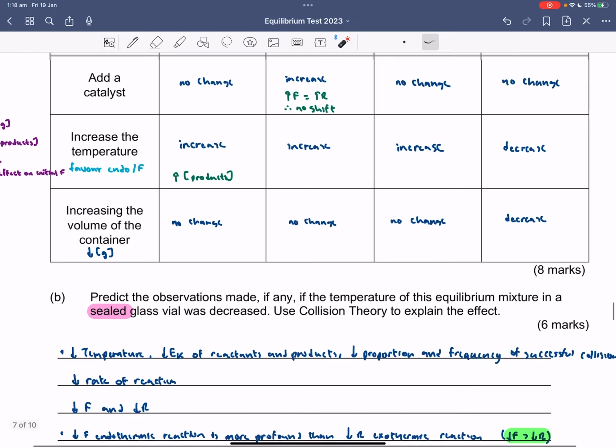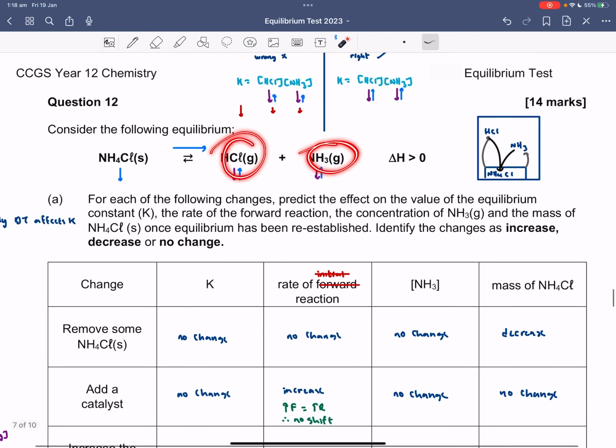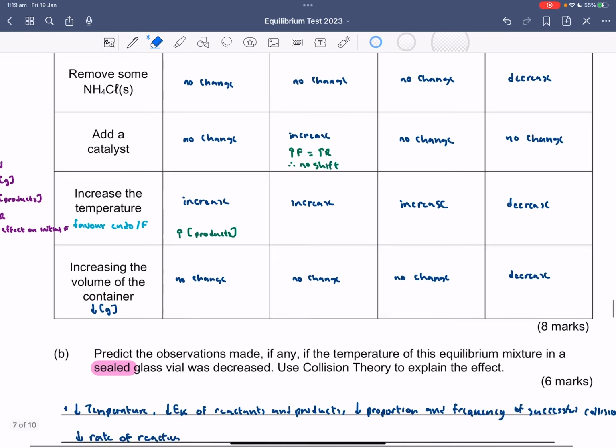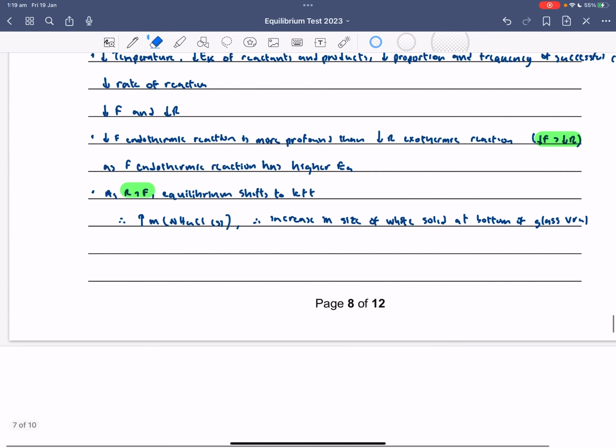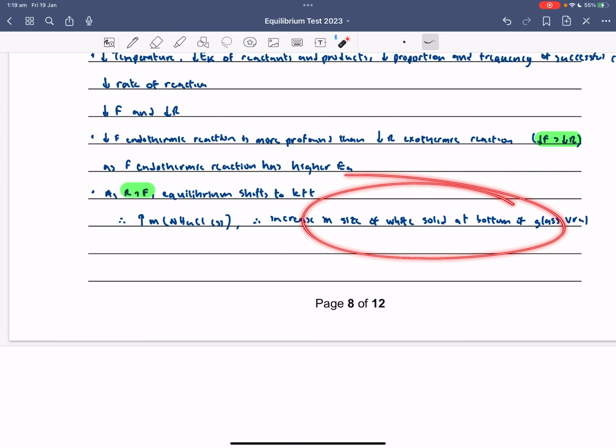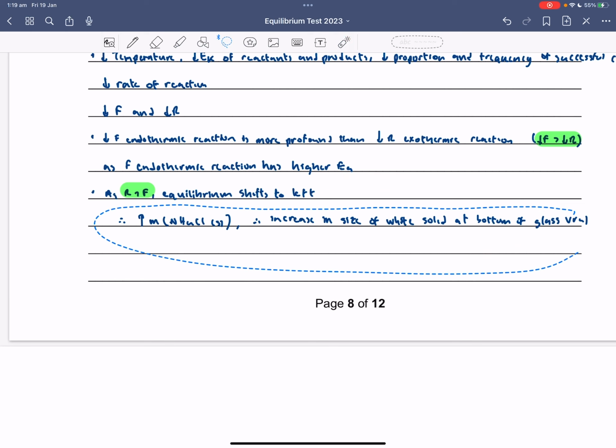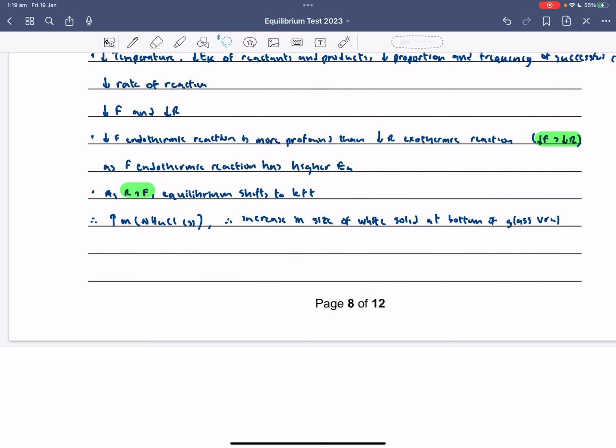Both NH3 and HCl are colorless gases, so we wouldn't observe anything. The only observation we would see is an increase in the size of the white solid. Perfect. And that's full marks using collision theory.